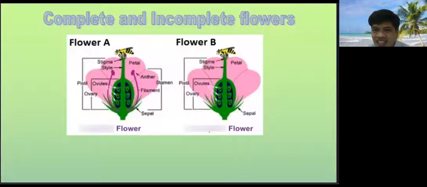Oi said A is a complete flower and B is an incomplete flower. Yok said A is a complete flower. How about the other students? I have 10 students only. One left the class. I don't know who that is. One of your classmates left the class. Let me check.